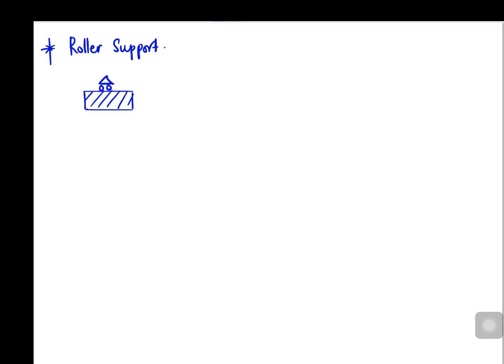Roller support. At the roller support, the beam is free to move along the support. It can also rotate about the support.